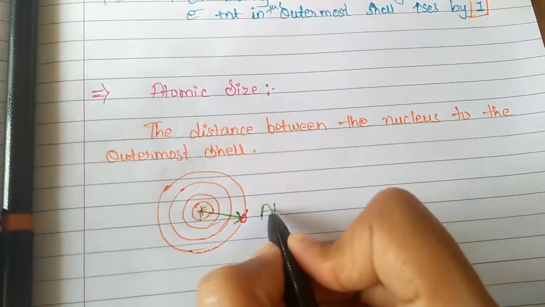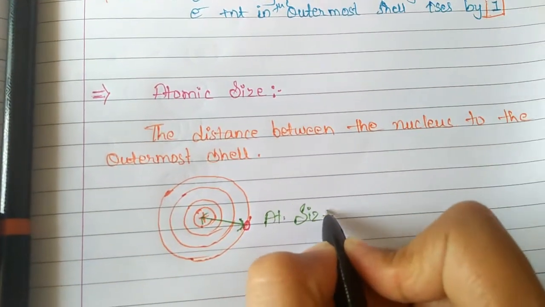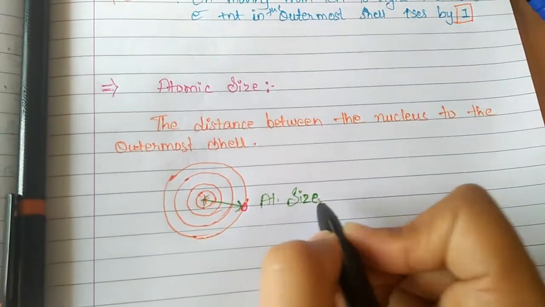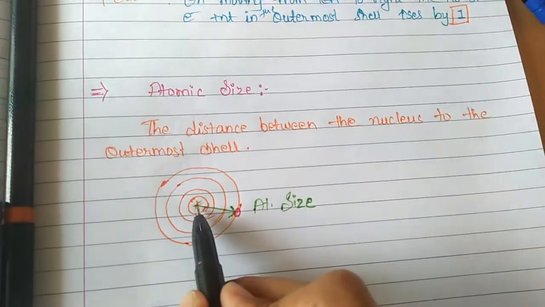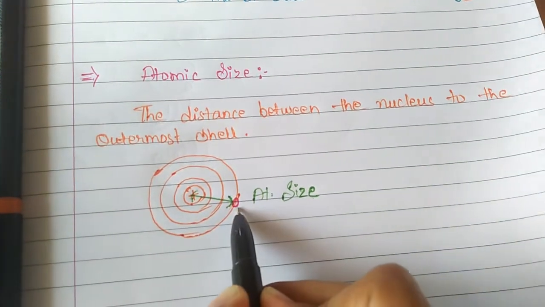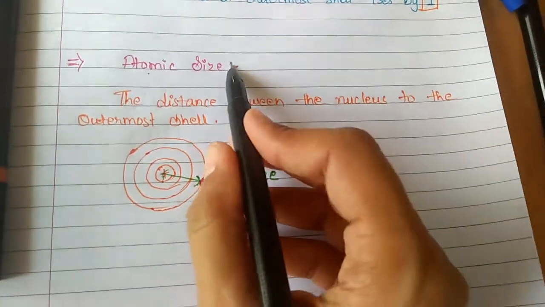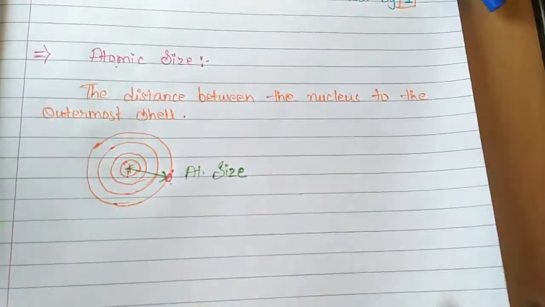It is nothing but the atomic radius. The distance between the nucleus and the outermost shell is known as atomic size.